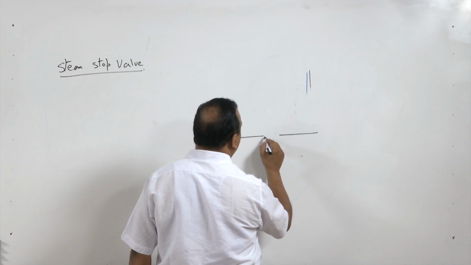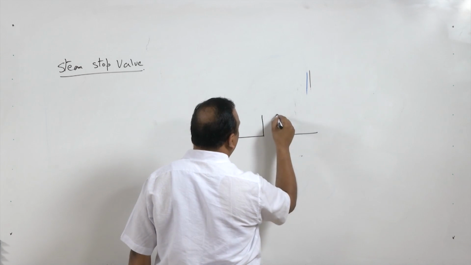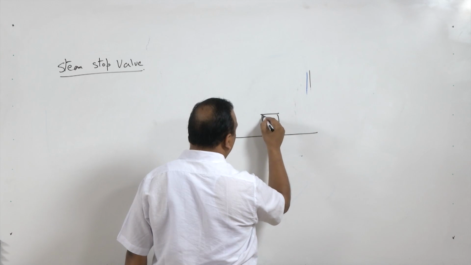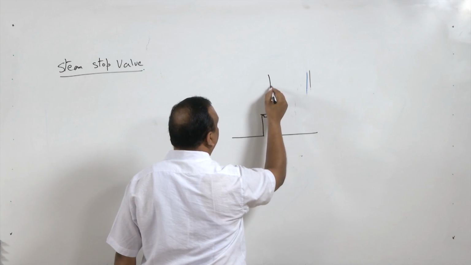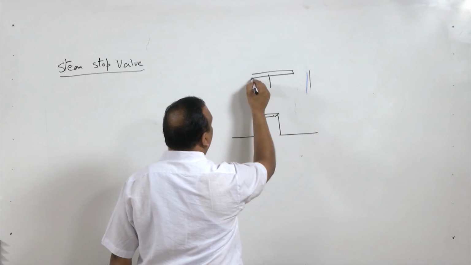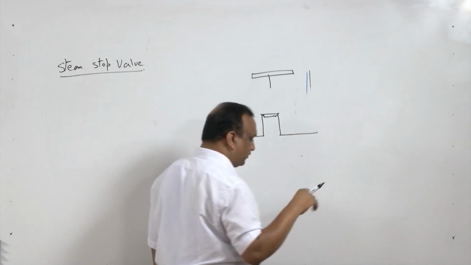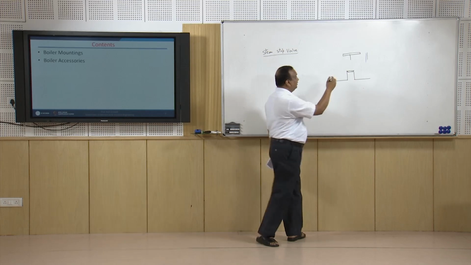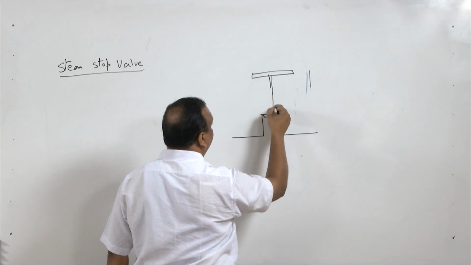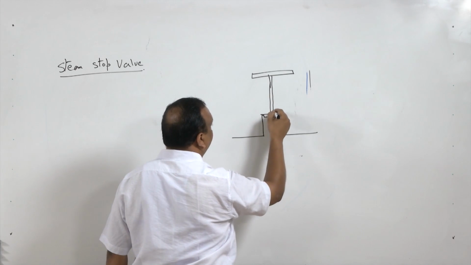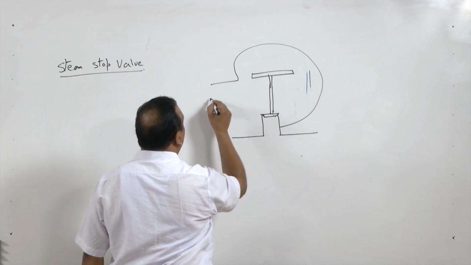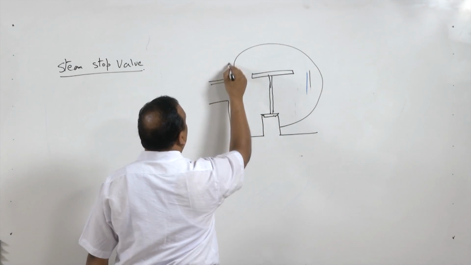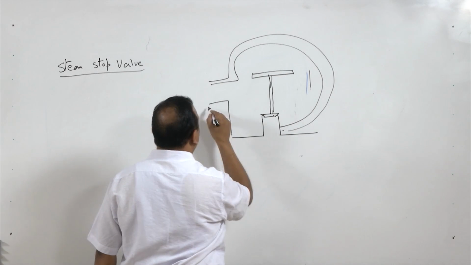Again there is a disc which closes this opening, and the disc is operated with a hand operated wheel, and this keeps the disc in place. This is the housing, and from here you can get the steam.